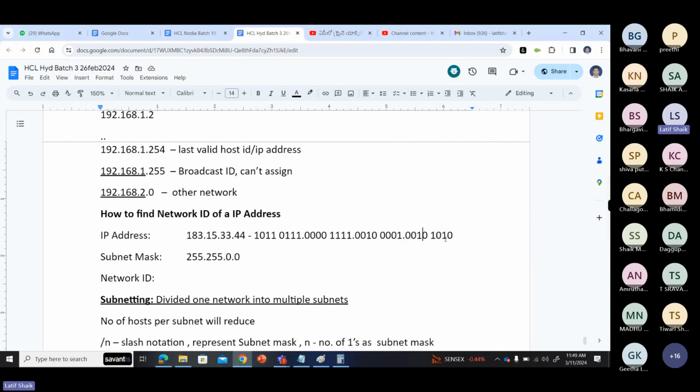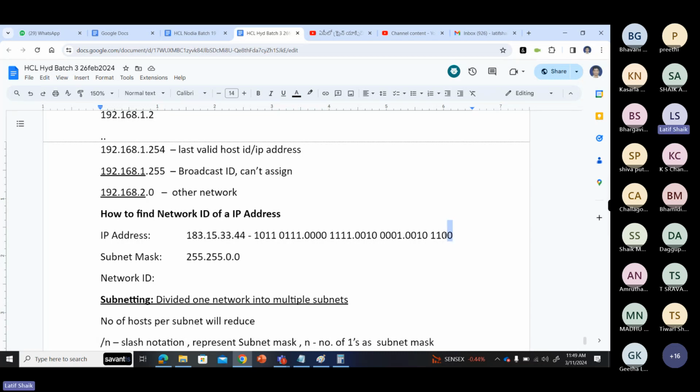Somewhere I have written wrongly, because this is 1, this is 0. 32 plus 16 plus 8 plus 4.